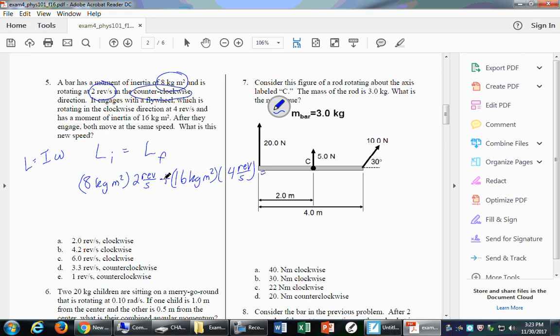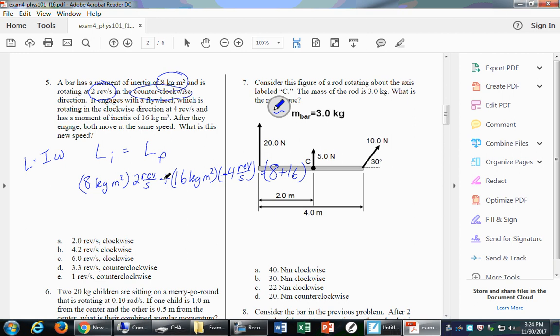But wait, it's negative. Why is it negative? It's clockwise. Look, I left a little space there. Remember what we said: clockwise is negative, counterclockwise is positive. Keep that in mind, okay? And this is going to equal, when these two objects come together, a new moment of inertia of 8 plus 16, because moments of inertia just add up.